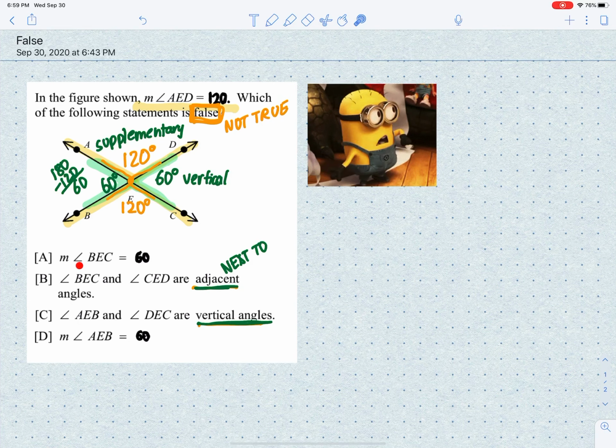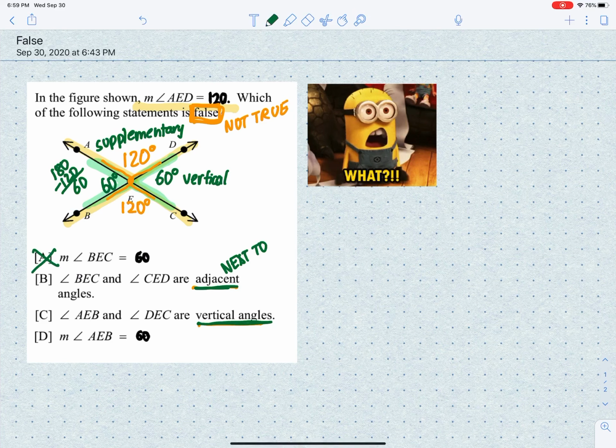We have measure of angle BEC, so that's BEC is 60 degrees. It's 120. So let's cross that one out. Now let's look through multiple choice 2. Here it says measure of angle BEC and angle CED are adjacent.